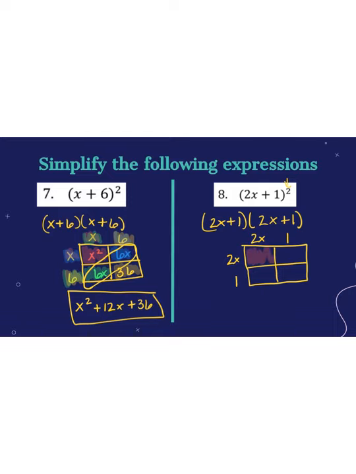So I want this one, so I'm taking these times these. 2 times 2 is 4. X times x is x squared. I want this one, so I'm going to use the 1 and the 2. 2 times 1 is 2, and I just have that 1x.